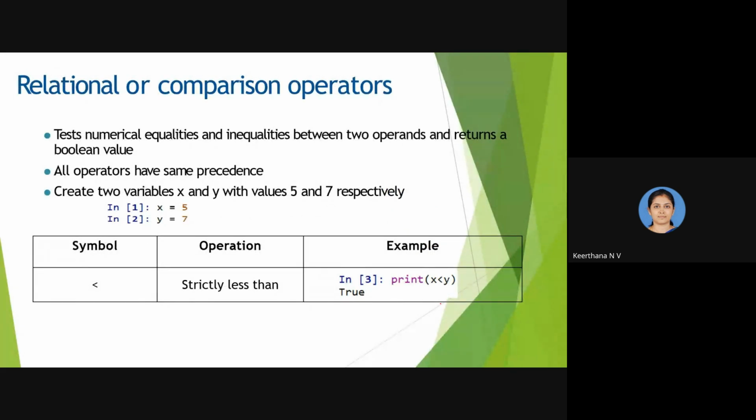The next type is relational operators. Relational operators check whether a number is greater than, less than, or equal to. It means they check the equality of values stored in variables. Here I have x equal to 5 and y equal to 7, and I'm using the less than relational operator.